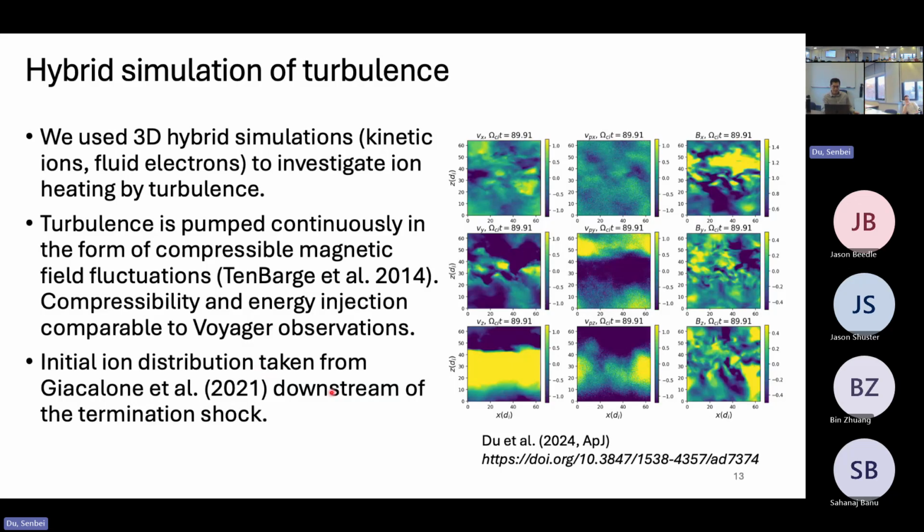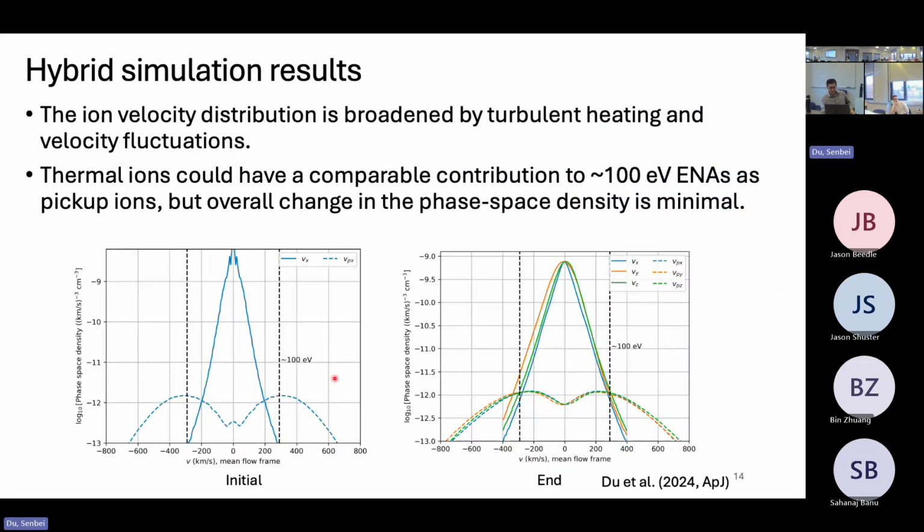We took the downstream distribution from that simulation, and this is what we got. The left one is the initial ion distribution. The main peak is the thermal ions, and the pickup ions are these wings in this dashed line. We can see the effect of turbulence on the right plot. The turbulence causes some heating and velocity fluctuation that's broadening the distribution.